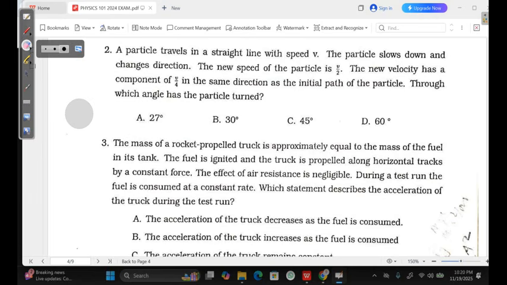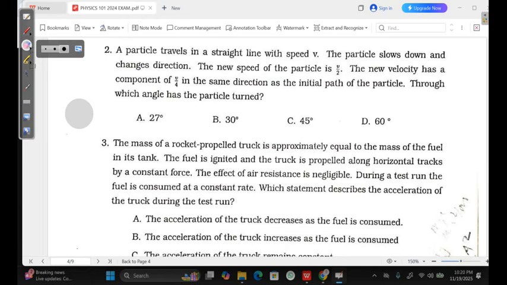Now look at this. The fun part about physics is physics is one of the simplest courses. You can't compare physics with biology. Biology is even harder. But physics, you just need to understand the question.